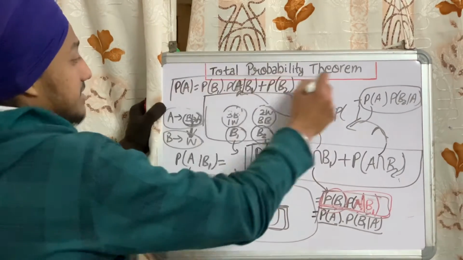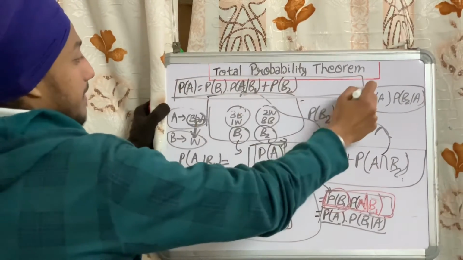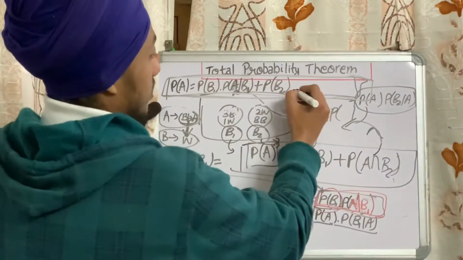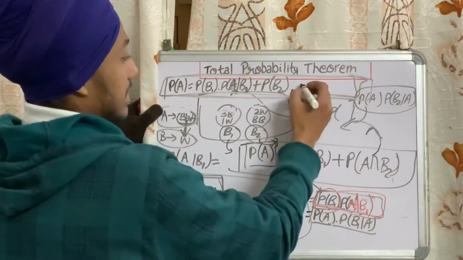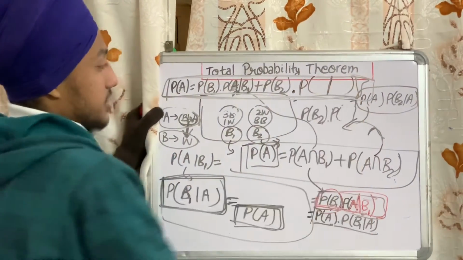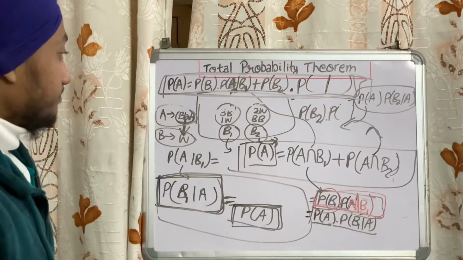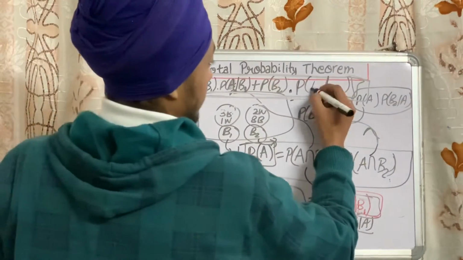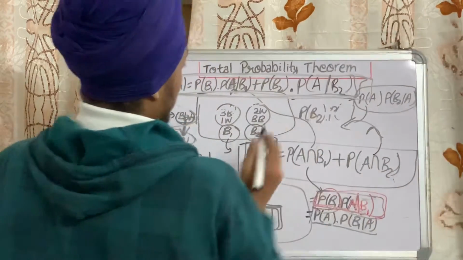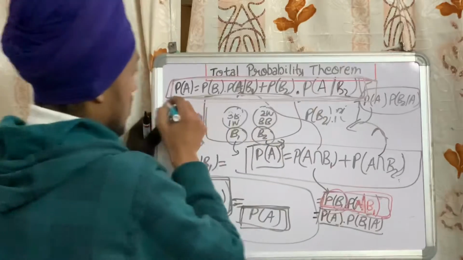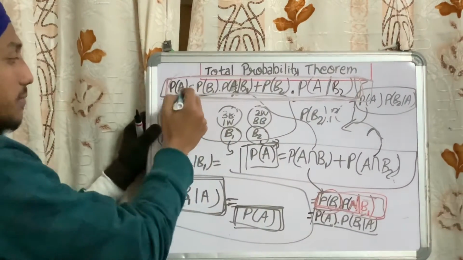It's just as easy as the common calculations we do in our daily life, like doing costings or anything else. So this is what the total probability theorem tells us: it tells us the probability of A.